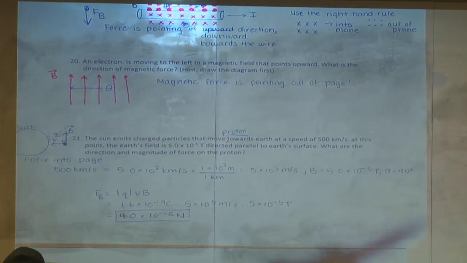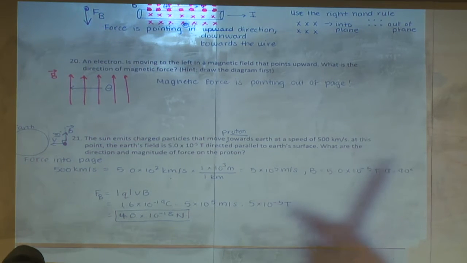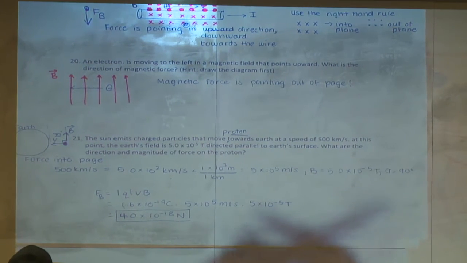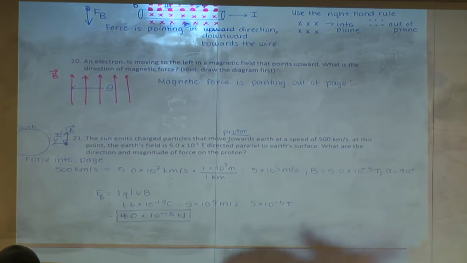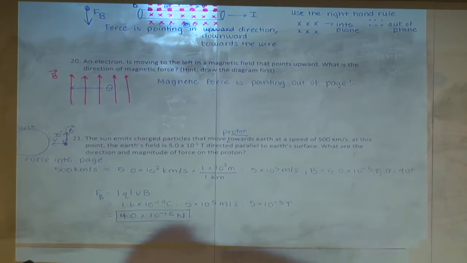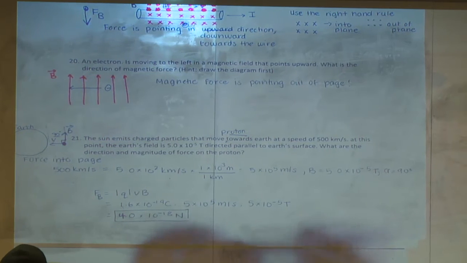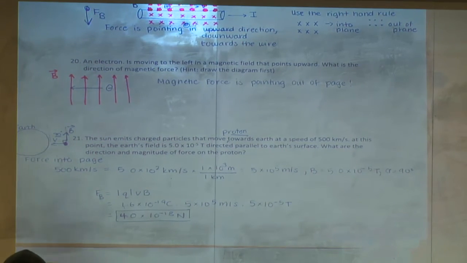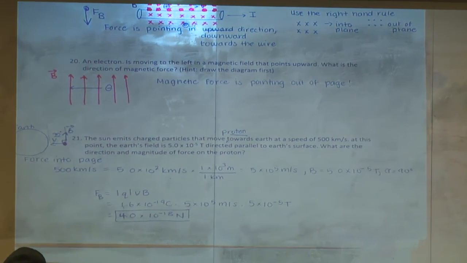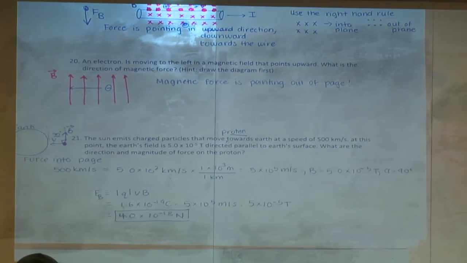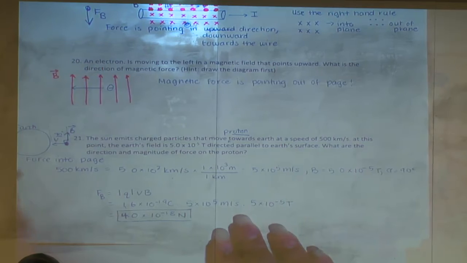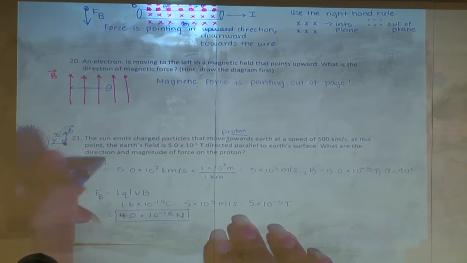So if we were to use the right-hand rule to figure out the direction of the magnetic force on the proton, it would be going into the page. Right?